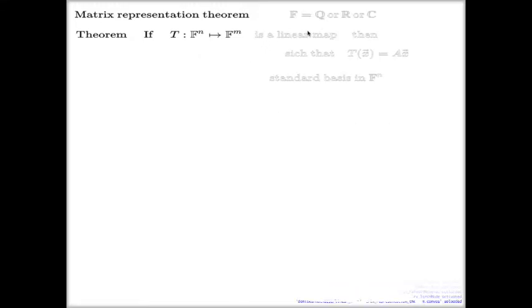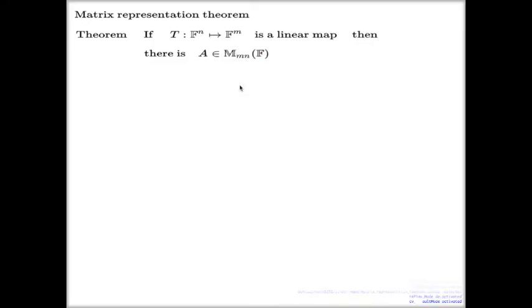So this is something which I called on my slides the matrix representation theorem. That reflects the fact that the purpose of this slide is to show you that every linear map between n tuples and m tuples, if T from Fn to Fm is a linear map, then there is a matrix of suitable size, m rows and n columns, such that this matrix implements my map via matrix multiplication.